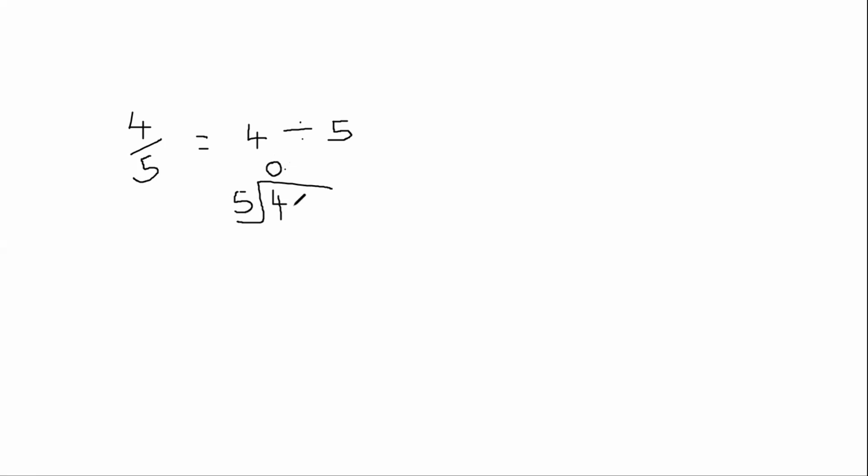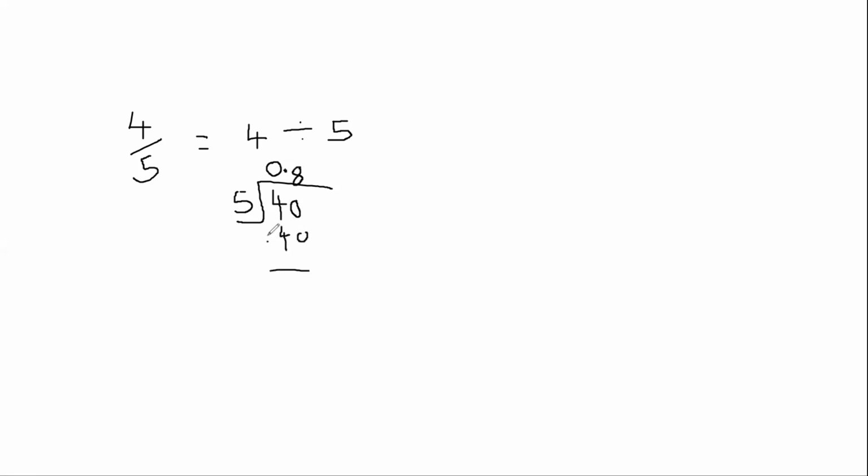And the moment you insert a decimal there, class 5, we said we add a 0 here. So we are having 0 point. We have got a 0, and then we have a point. And then immediately after putting a point there, we add a 0 on our dividend. So we take 40, we divide by 5. 40 divided by 5, the answer is 8. 8 times 5, you get 40.